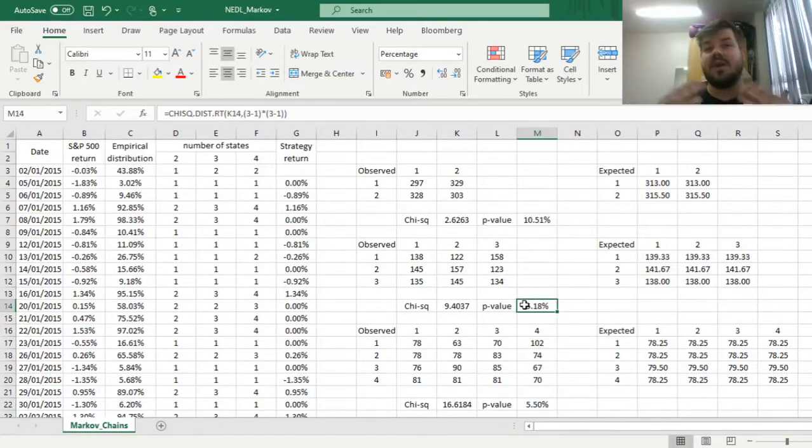By increasing our number of states from 3 to 4, we do not spot any further inefficiencies in the market beyond those we have already spotted with the model where we consider 3 states. So, are Markov chain strategies useful? Is the Markov chains test applicable? Yes, but partially. You can use the Markov chains test to detect notable market inefficiencies, and it can be applied to a wider number of cases than the runs test, or even arguably the variance ratio test, because you can consider various numbers of states.